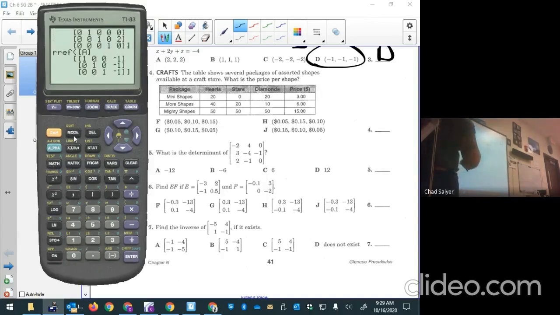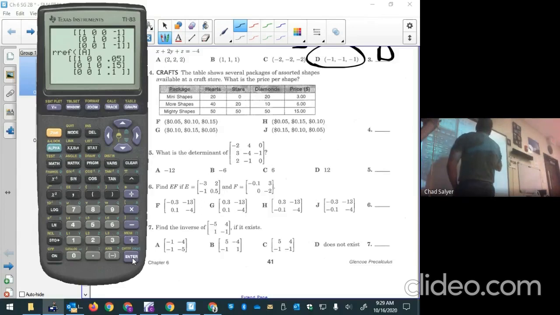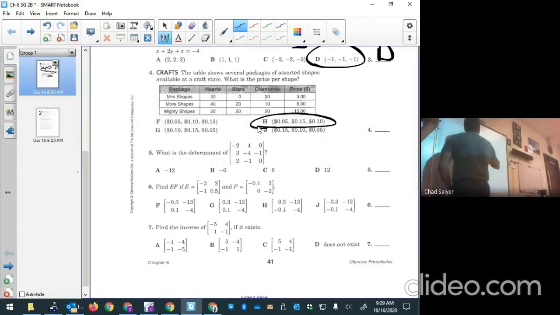And if we already have a Rref A inputted from the last entry, I can hit second entry to recall that last entry. And I see that it's a nickel, 15 cents, and then a dime. So 5, 15, 10. H is in hotel. It's the one that matches our answer.